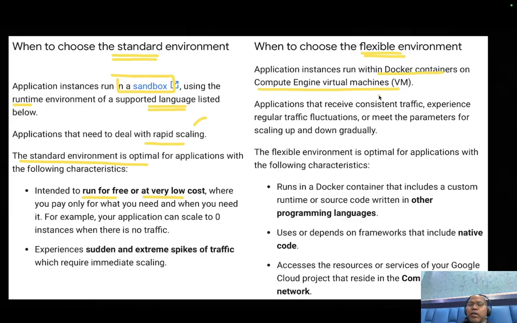Here, applications receive consistent or regular traffic, or meet other parameters, and then you can choose this. Overall, the flexible environment is where you can run your application in a Docker container, and you can choose any programming language you want, even native code, but it runs as a containerized application on a virtual machine.